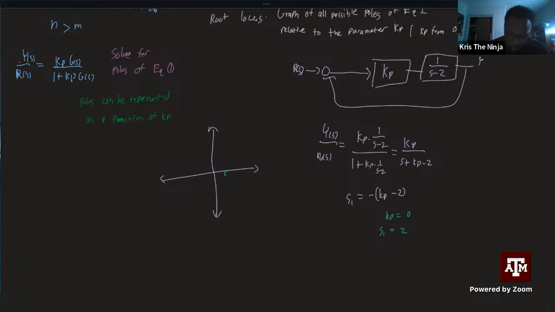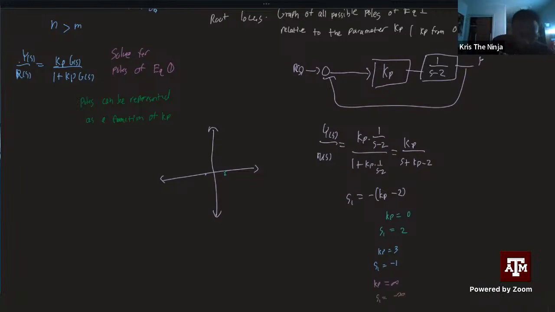When Kp equals 3, s1 equals minus 1. And then when Kp equals infinity, s1 equals minus infinity.